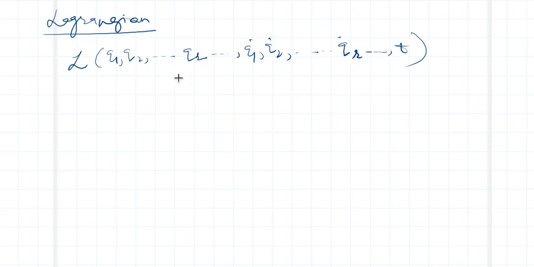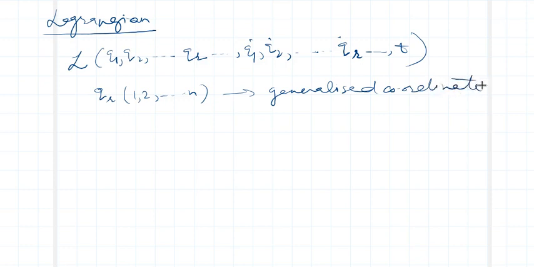Right, this is the Lagrangian, where these qr are the generalized coordinates, where the value of r goes from 1 to n, and this represents the generalized coordinate.